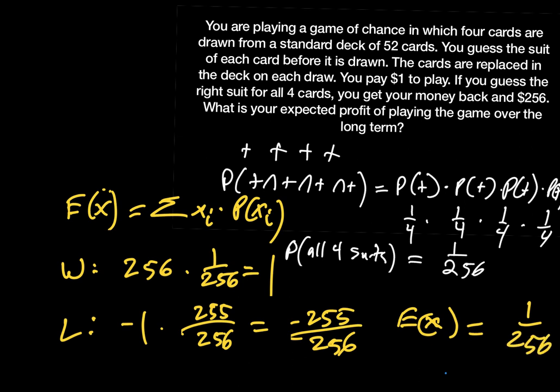Positive. So in the long run, I expect to come out 1 over 256 dollars on every play. Which means, in the long run, I will make money. Just barely.